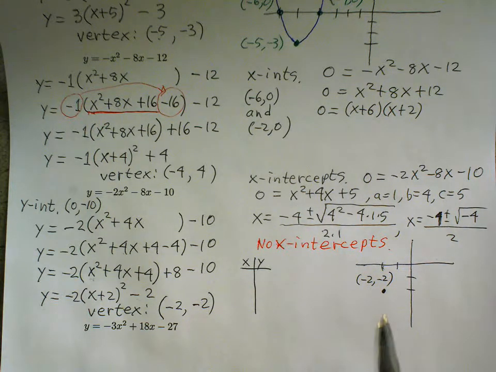So a strategy that I've used before: the x-coordinate of the vertex is -2.